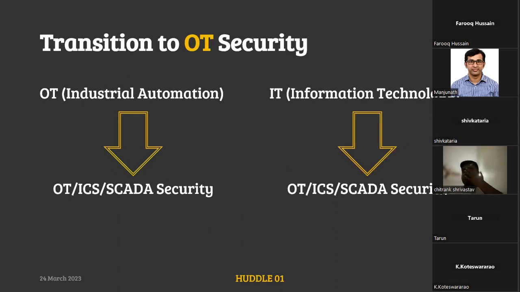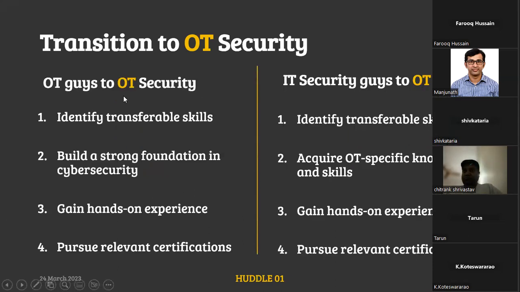So I would like to touch upon in parallel the steps involved in how you can shift your career from OT guys to OT security. Both are almost similar, right? Even OT guys have to identify their transferable skills, I mean, the existing skills they have.